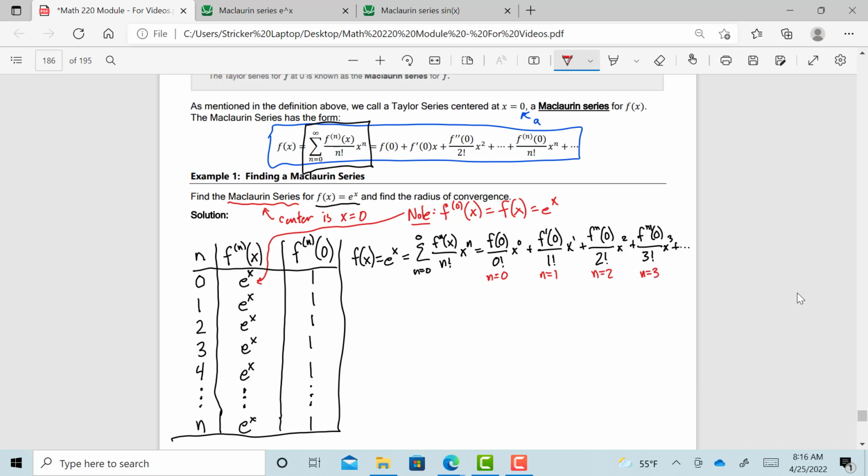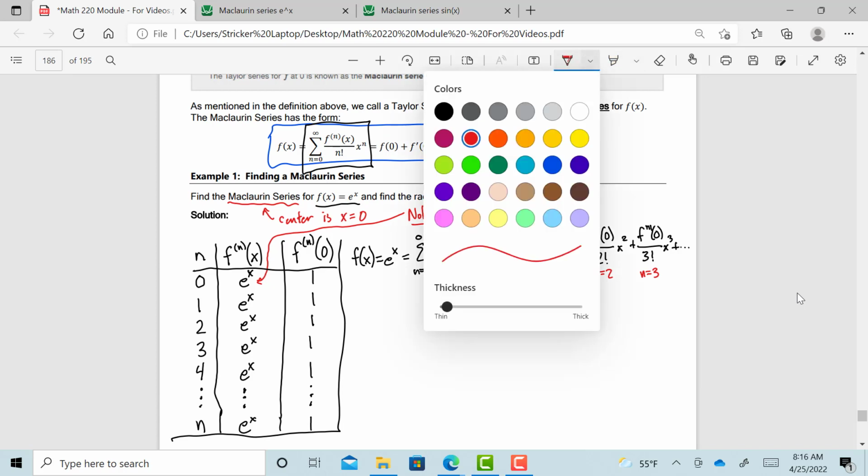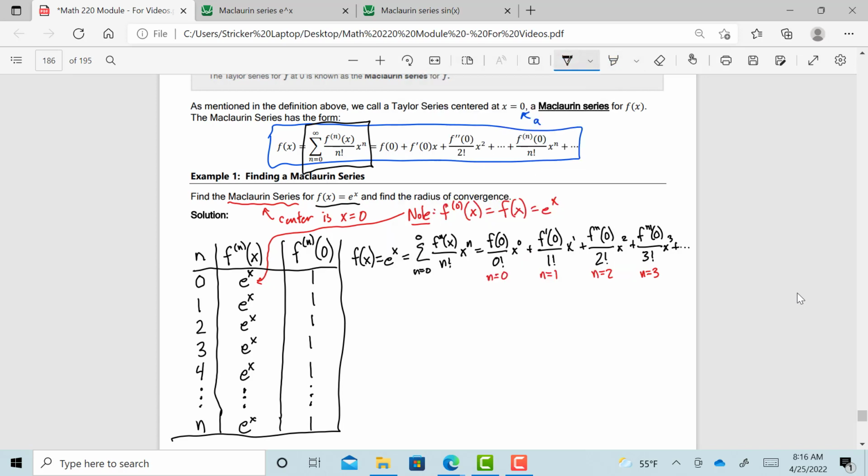And so if we actually calculate this, we know what f at 0 is. We can see it over here in our column. f of 0 is 1. So we have 1 over 0 factorial. We know 0 factorial is equal to 1. So we have 1 over 1 is 1 times x to the 0, which is 1.